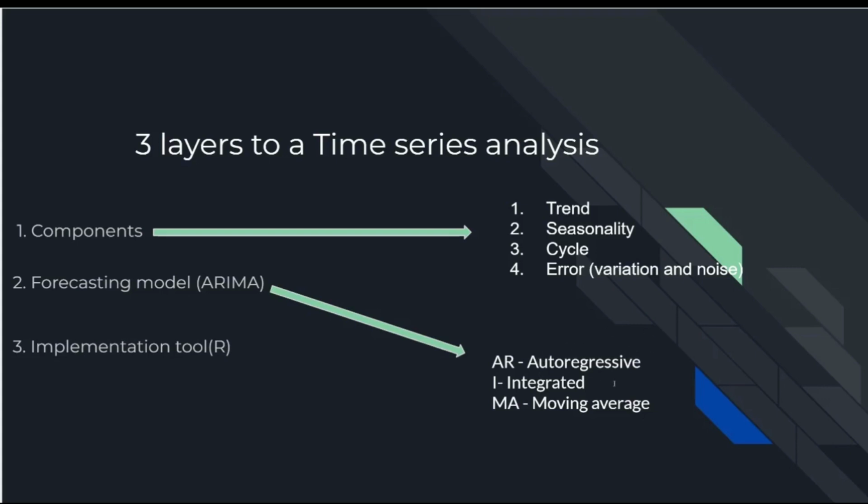Then there's integrated, which has to do with the trend and seasonality. And then there's the moving average, which is associated with the error and variation. This portion will smooth out the error and variation portion of the time series. And then you implement the model using R, and you should be able to predict the future deaths.